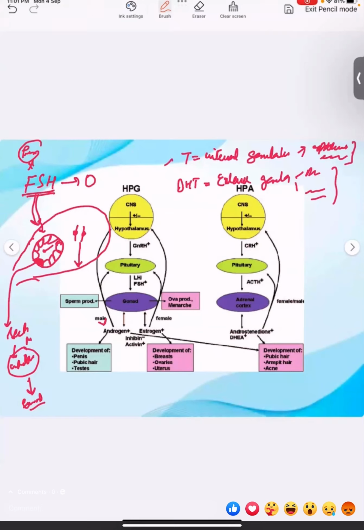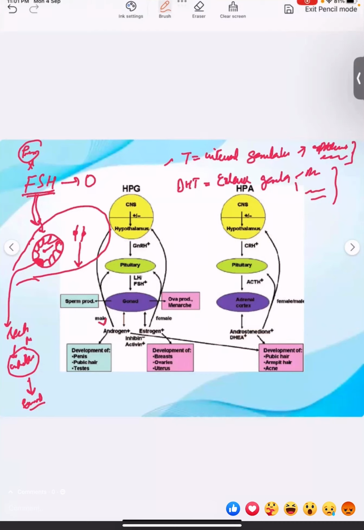Okay, so is it central or peripheral? Any male coming to you with testicular enlargement, this is a case of central precocious puberty unless proved otherwise. You got my point? Breast formation in case of female, central precocious puberty. Testicular enlargement in male, this is central precocious puberty.